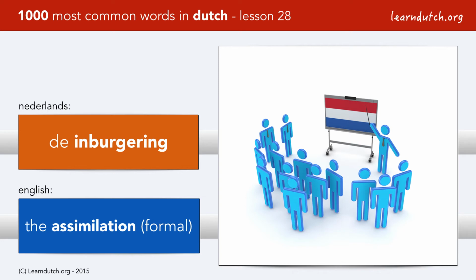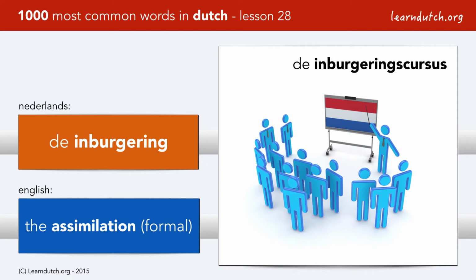And inburgeren is formal assimilation. Doing a civic integration course, de inburgeringscursus. That includes learning the language, the history of the Netherlands, and how Dutch society functions.